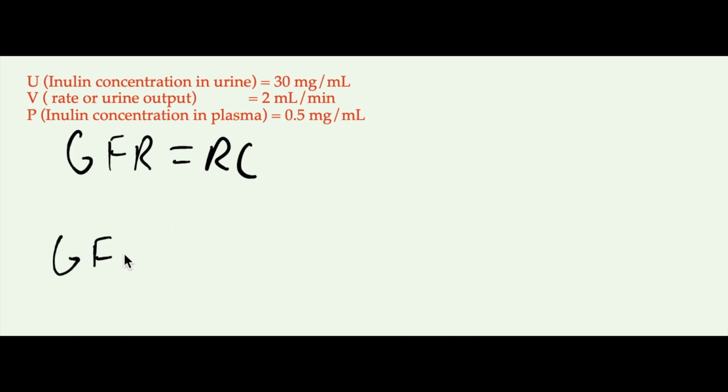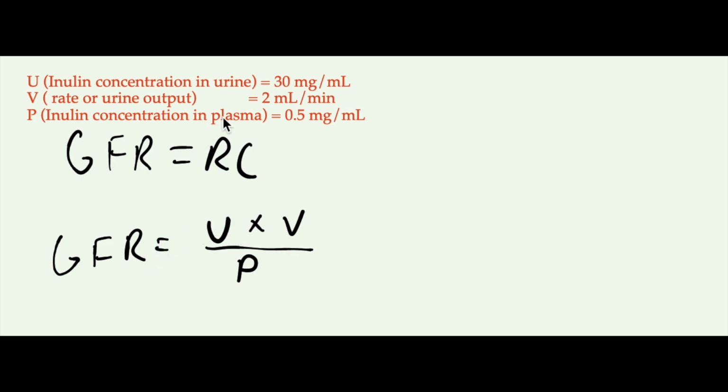So glomerular filtration rate would equal the concentration of that substance in the urine times the rate of urine output divided by the plasma concentration of that specific substance. This is the original renal clearance equation, but we substituted renal clearance with glomerular filtration rate. This is only if there's an inulin injection.